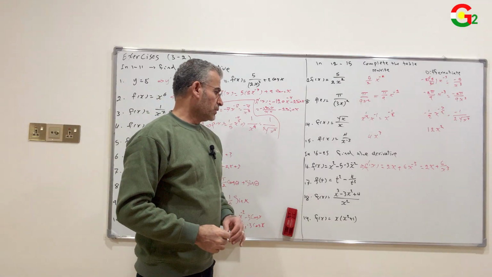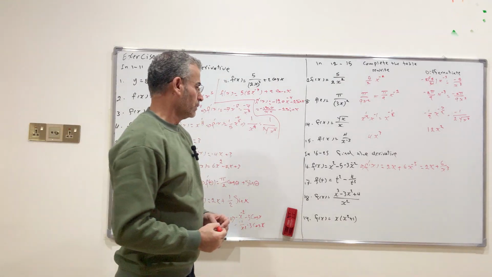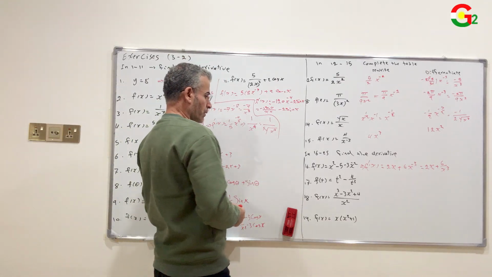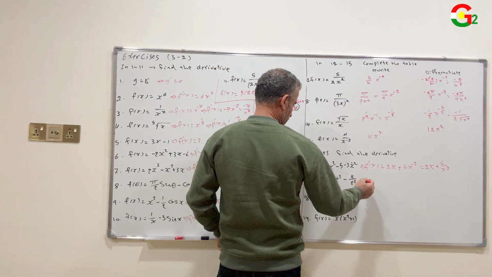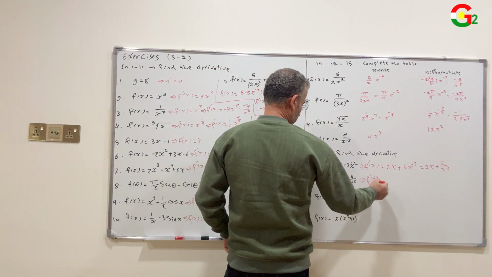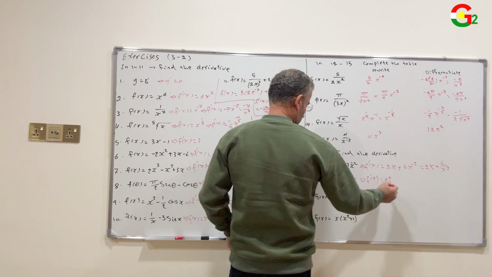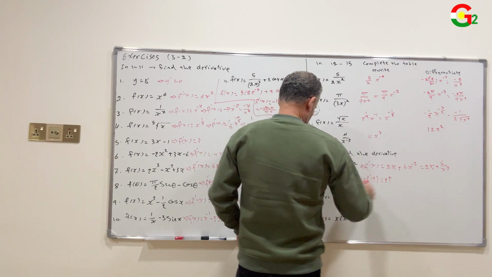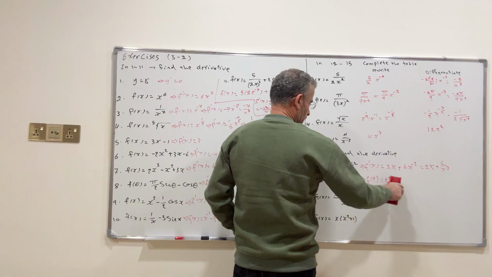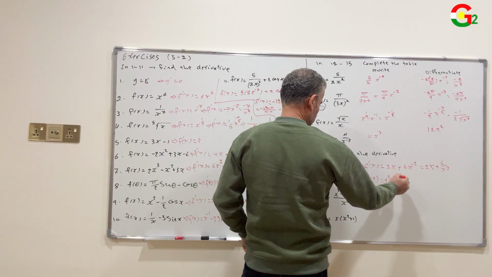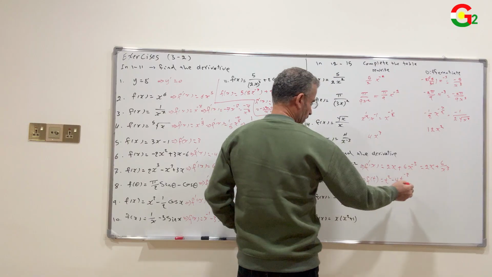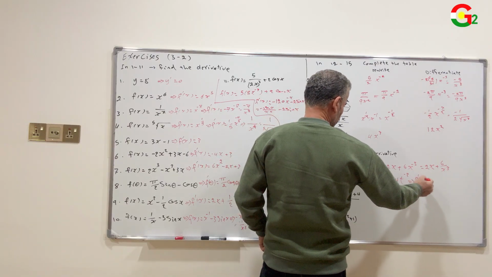f of t equals t^2 minus 4 over t^3. Here the variable is t, so differentiate with respect to t. Rewrite it first as t^2 minus 4t to the negative 3, then differentiate it.